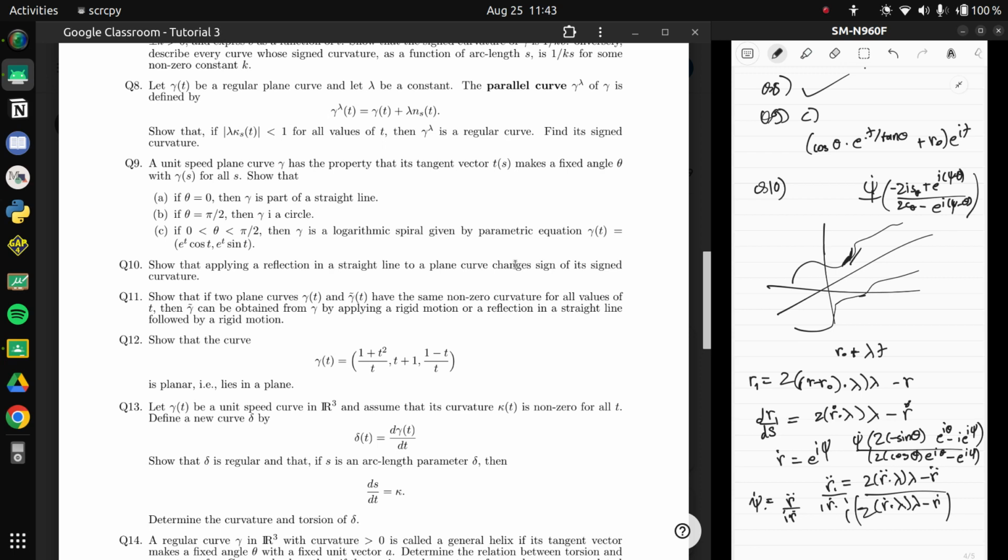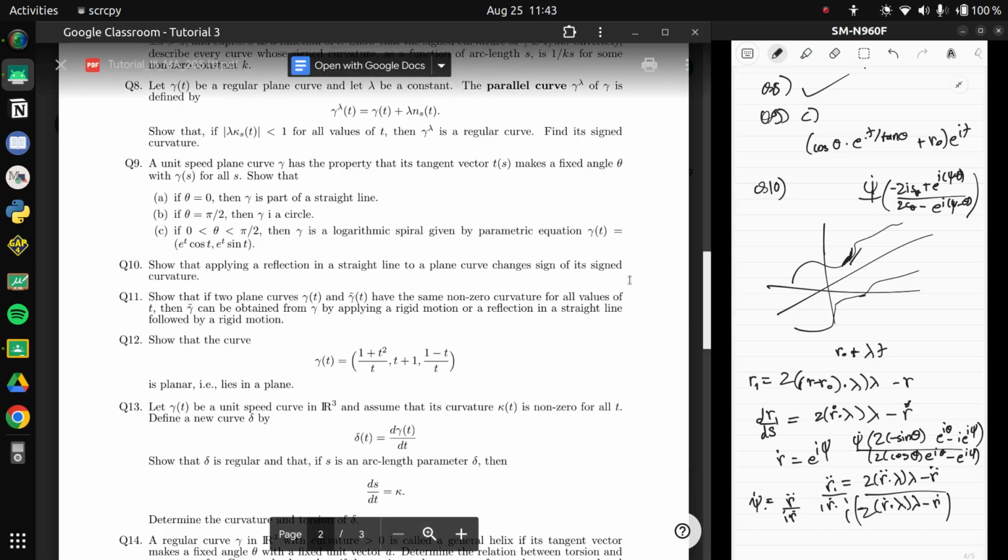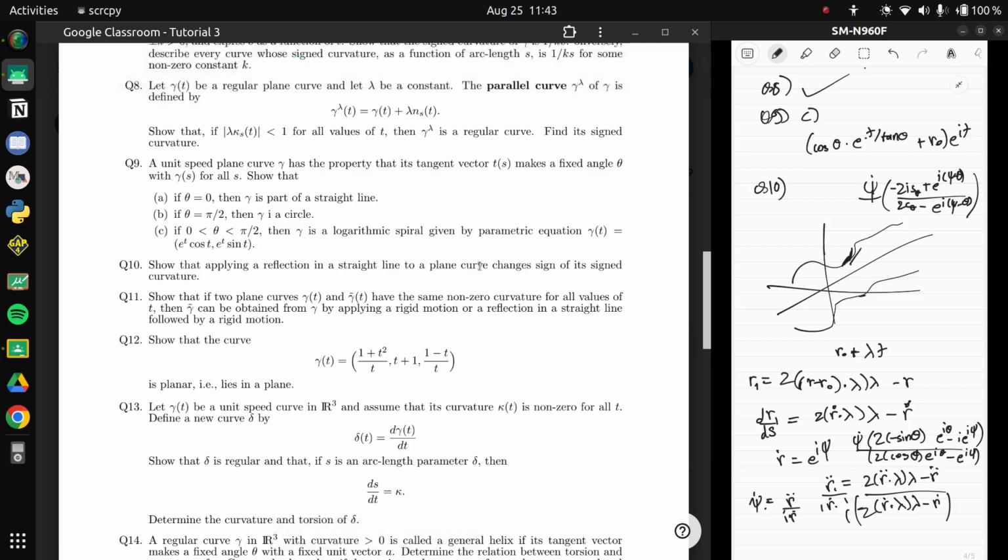The only way that would happen would be if 2i sine theta would be equal to 2 cosine theta, which we know is not possible. But wait, okay, wait. So you reflect it about any line, and then it changes the sign of its sine curvature. Oh, so it does not make it necessarily completely negative. It just changes the sign. So all we have to show is that this quantity is a negative quantity.